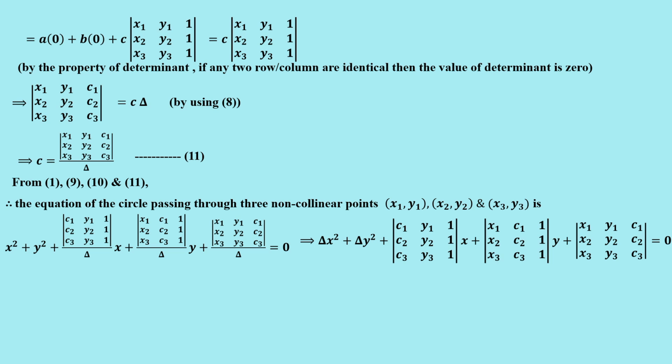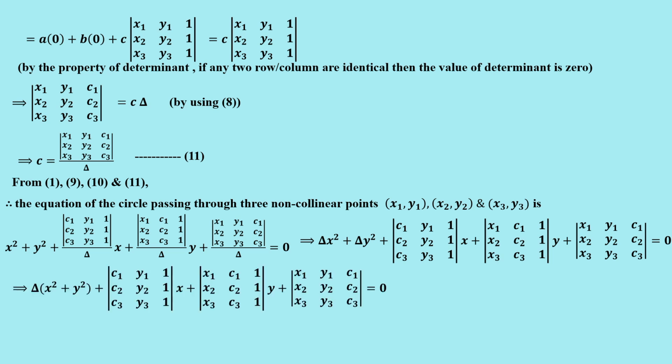Right? So take delta as the LCM: delta x square plus delta y square plus the determinant c1, c2, c3, y1, y2, y3, 1, 1, 1 into x, plus the determinant x1, x2, x3, c1, c2, c3, 1, 1, 1 into y, plus the determinant x1, x2, x3, y1, y2, y3, c1, c2, c3, which is equal to 0.